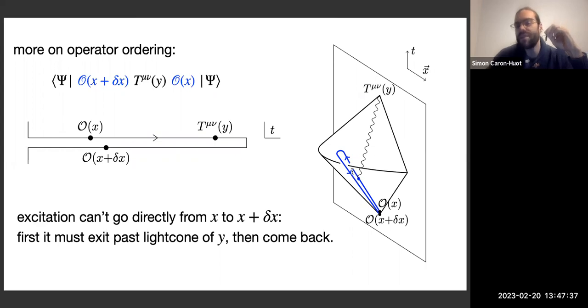A nice feature of this limit is that there is actually a short distance singularity as delta x goes to 0, but it's not captured by a straightforward OPE, operator product expansion, like if they were on the same sheet. If the two O's were really next to each other on this contour, then you could replace them by a local operator.